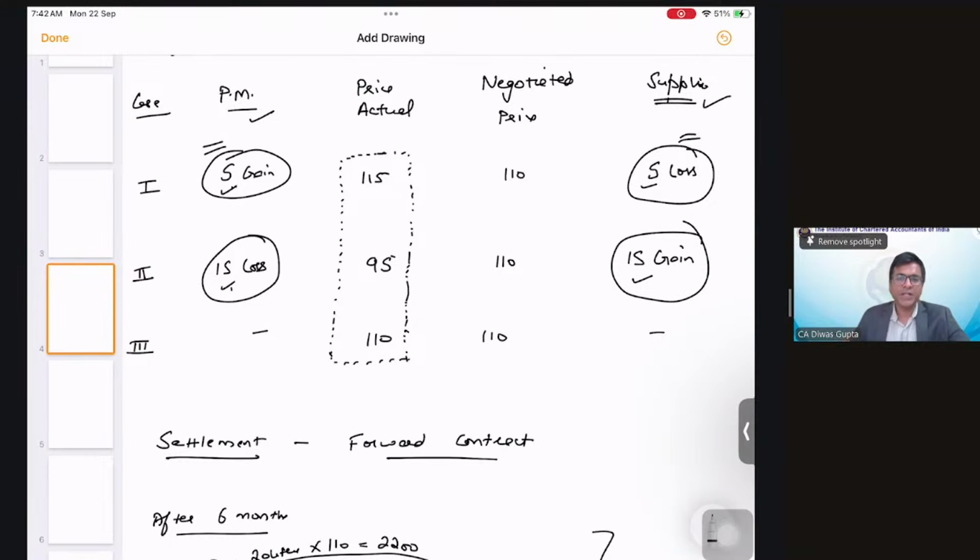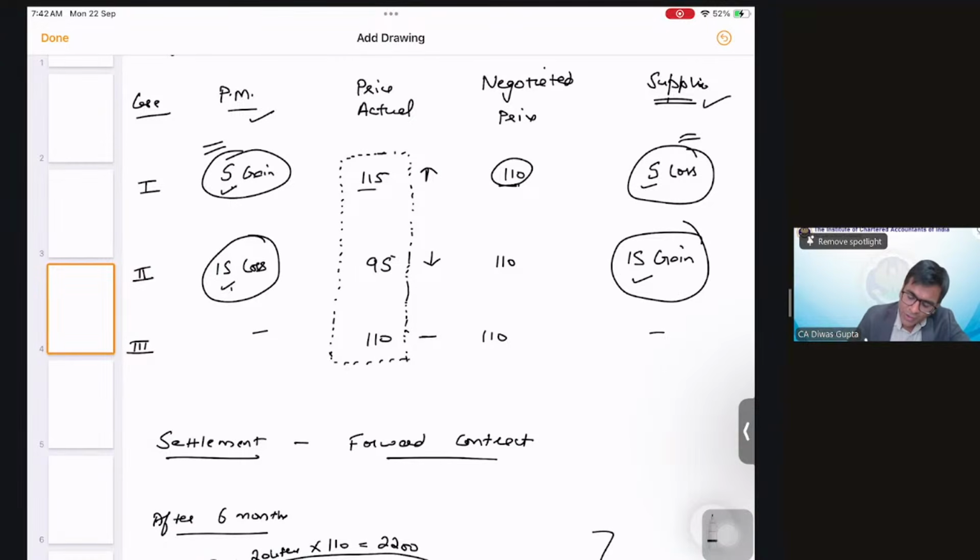Okay, let's come to this table and try to understand from this. If you see the price, it's a negotiated price here, 110. In the first case, the prices have gone up. In the second case, the prices have gone down. And in the third case, the prices remain constant. So we will take our inference from this.